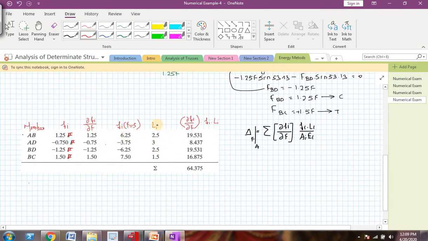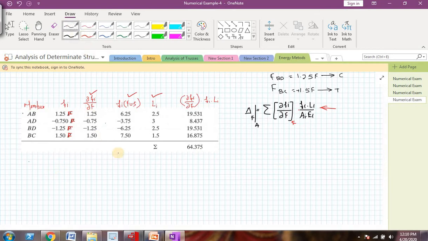Now this column represents the length of each and every member of the truss, and this column represents the multiplication of these. Why I'm doing that is, if you remember, this is the formula which we have arrived at for Castigliano's theorem. So this is the summation of (∂Fi/∂F) times Fi Li divided by AE, where A and E are the cross-sectional area and Young's modulus of the truss material. So I'm getting this summation value.